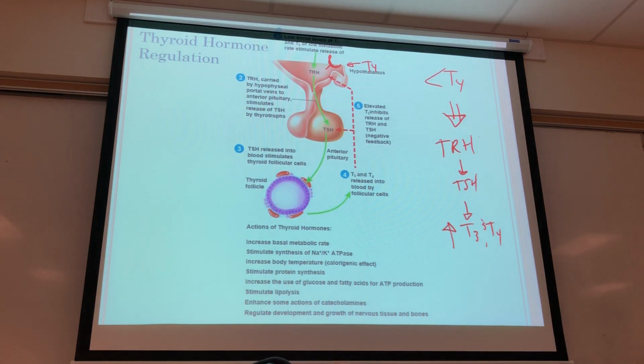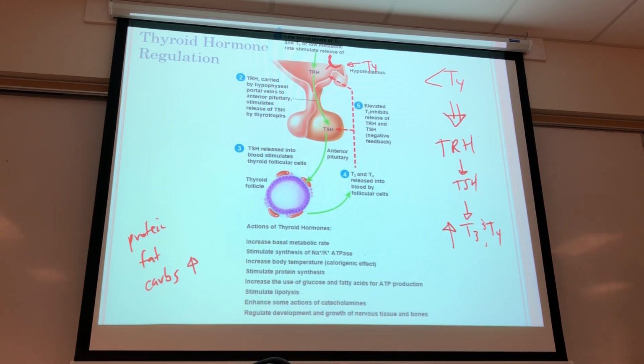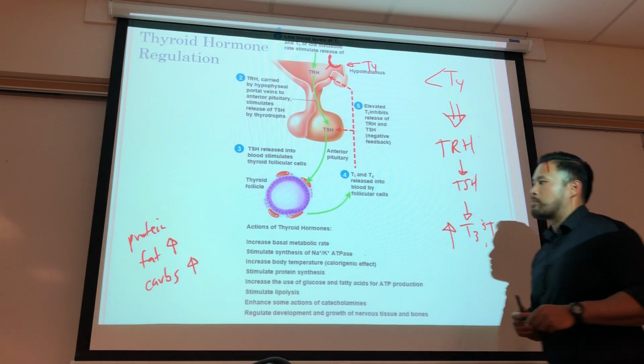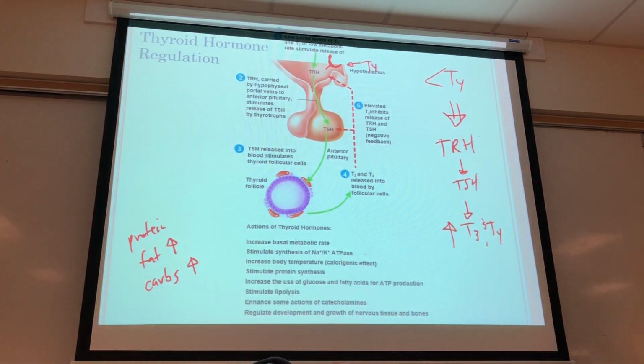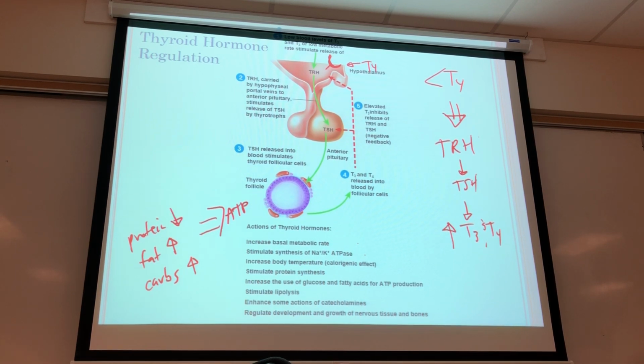So out of all the things that we looked at, protein, fat, and carbohydrates, our thyroid hormones will allow us to use carbohydrates and use fats as a metabolic substrate, things to undergo cellular respiration to produce ATP. But we want to limit the amount of protein being metabolized to produce ATP.